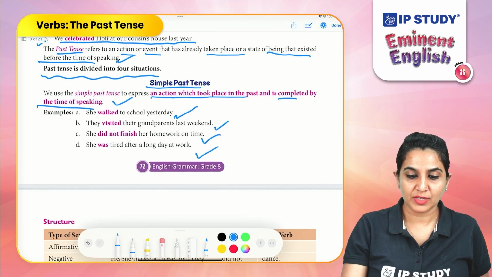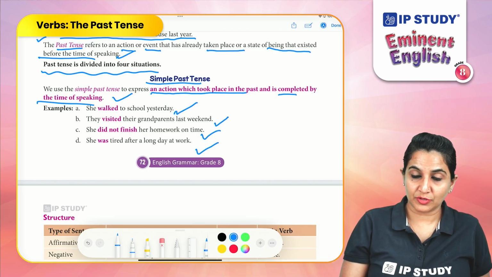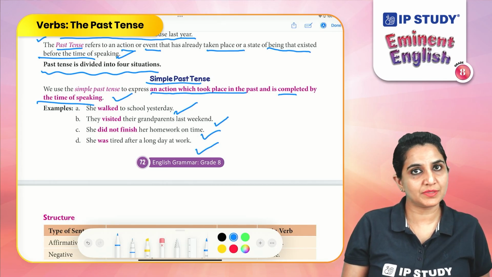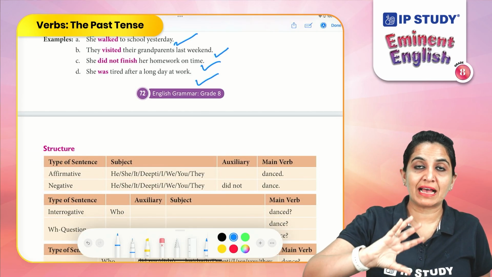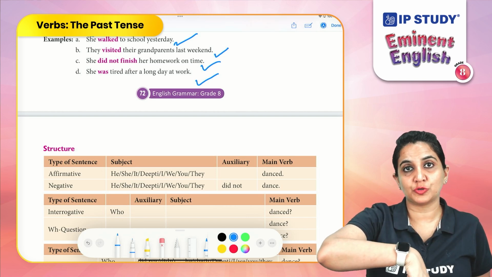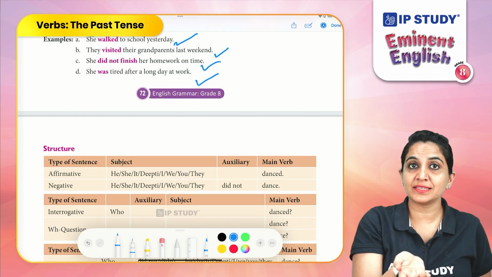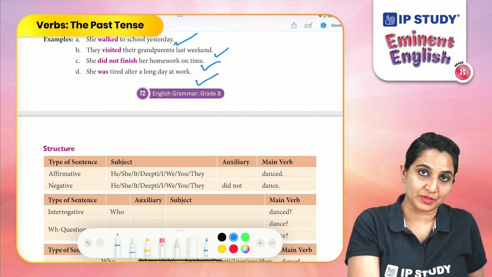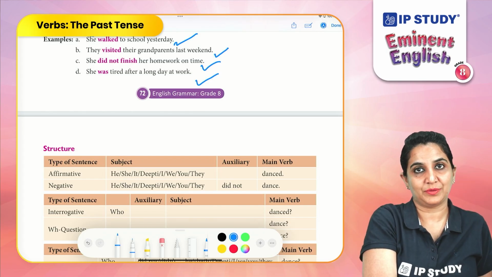Walk becomes walked, visit becomes visited, do not finish becomes did not finish, is becomes was. Because all of these actions have happened in the past. The action took place yesterday, the last weekend, or the past day which we are talking about.